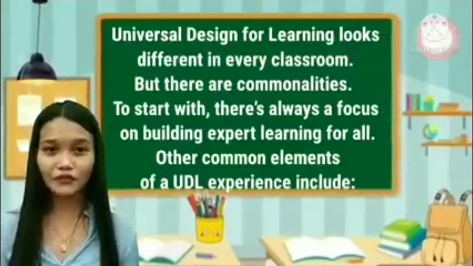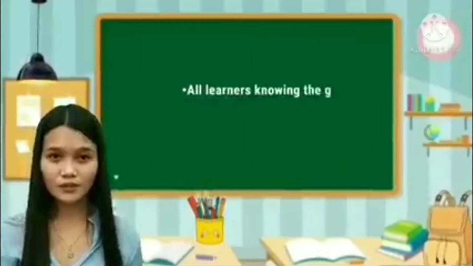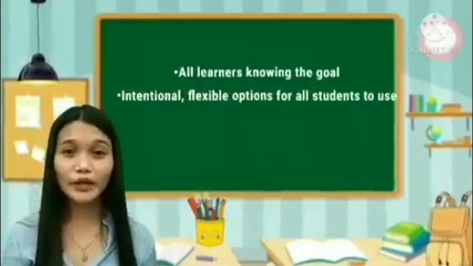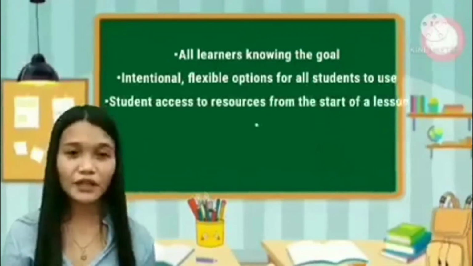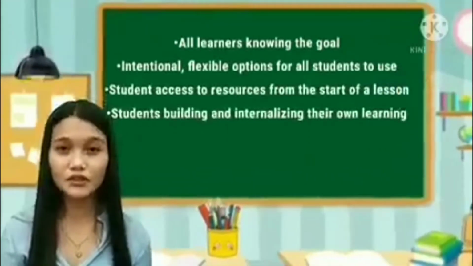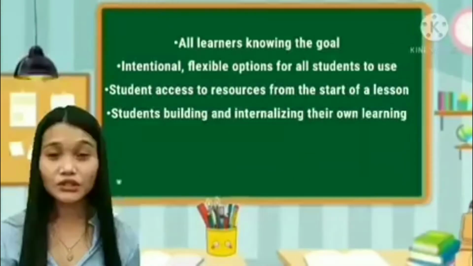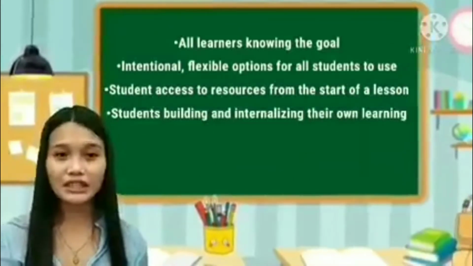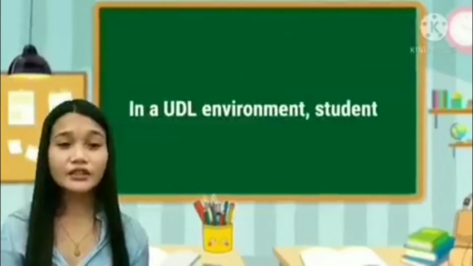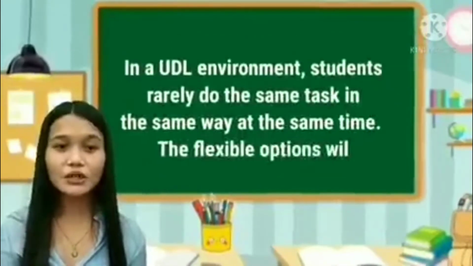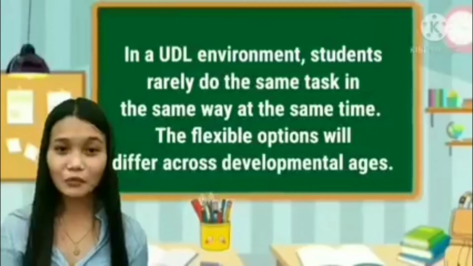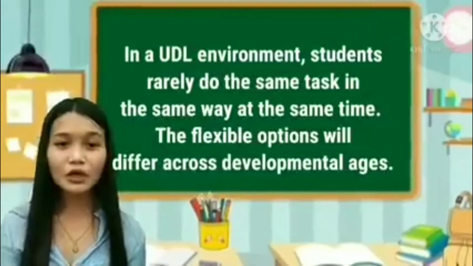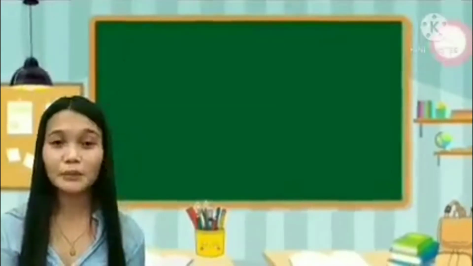Other common elements of a UDL experience include all learners knowing the goal, intentional, flexible options for all students to use, student access to resources from the start of a lesson, and students building and internalizing their own learning. In a UDL environment, students rarely do the same tasks in the same way at the same time. The flexible options will differ across developmental ages.